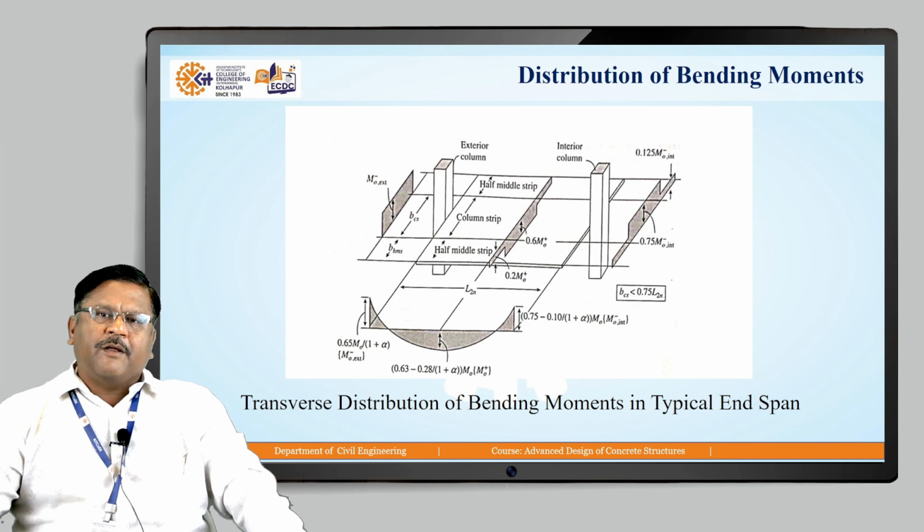See 0.125, 0.125 on both sides. So a total of 25% moment acts on the middle strip and 75% moment acts in the column strip in both directions. And see the pattern of deflection. This is the pattern of deflection of the flat slab.